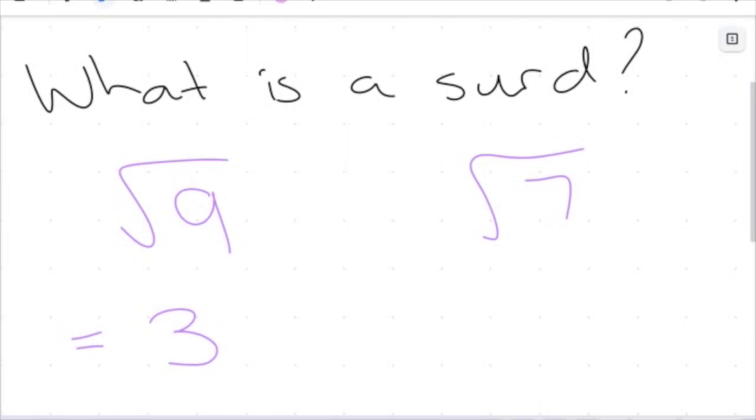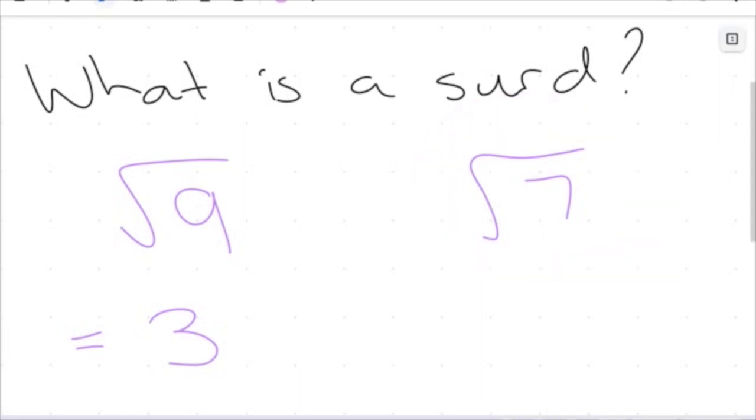Because up until now, we've learnt these perfect square numbers, our 4, our 9, our 16, our 25, etc. But we come across these other numbers, you'll notice the majority of numbers are actually not perfect squares. Between, say, 1, 4, and 9, there are a bunch of numbers that aren't perfect squares. Now, 7 is one of them.